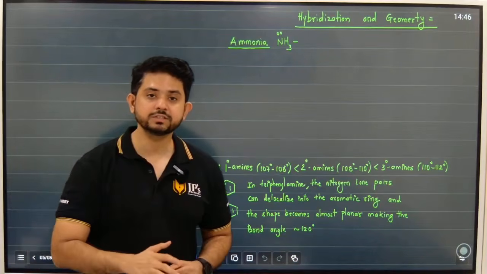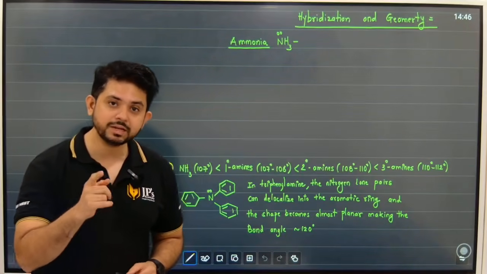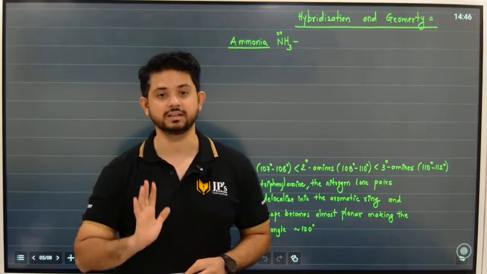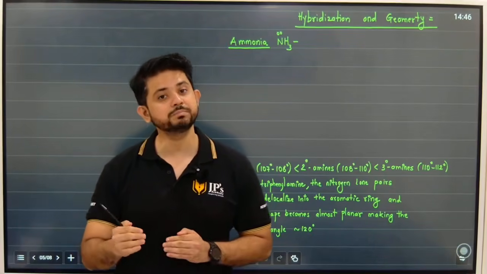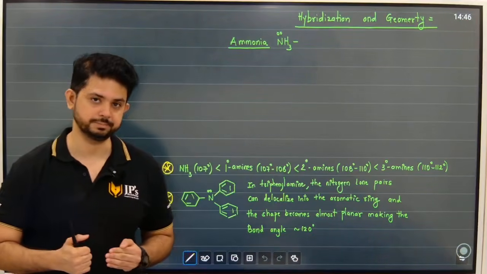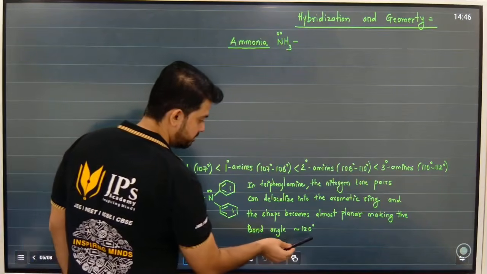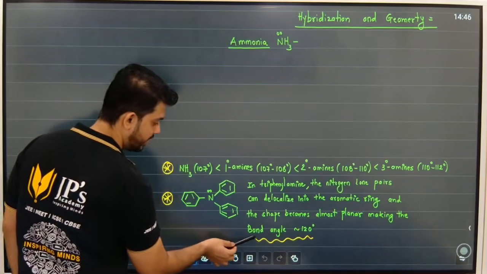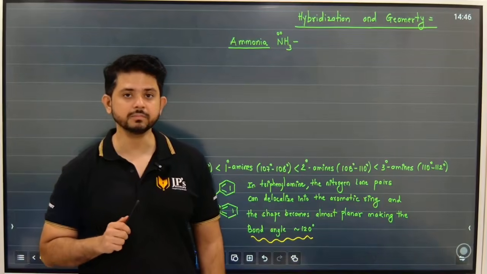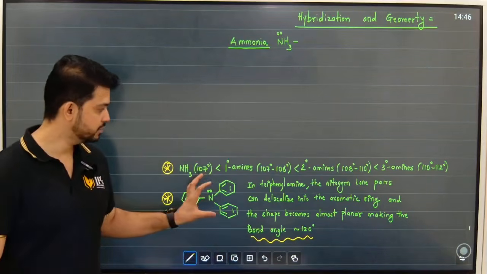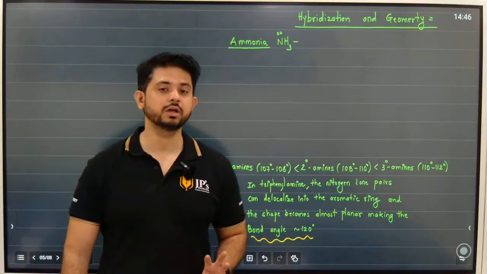Because of that, the geometry becomes almost planar. You can say that sp2 hybridization results, and as a result the bond angle becomes somewhere around 120 degrees. So this point, JEE Advanced students, you definitely have to remember.